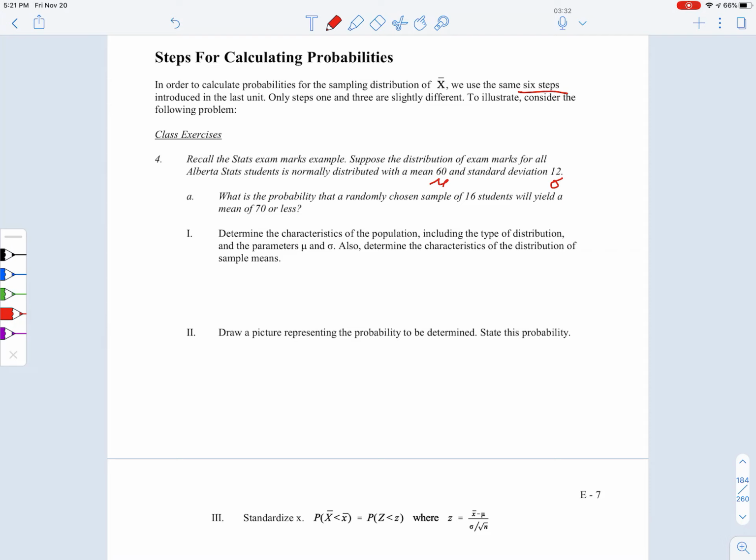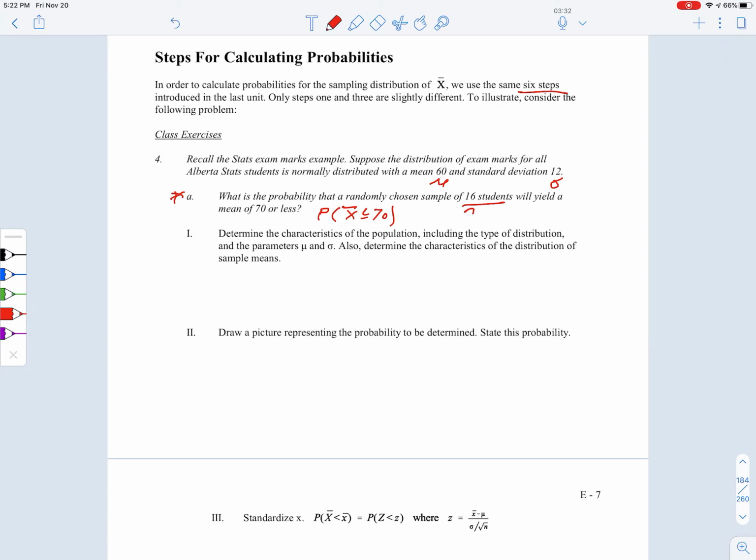So think of all stats students here. What is the probability that a randomly chosen sample of 16 students, so that's a little n of 16, will yield a mean of 70 or less? What's the probability of getting an X bar of 70 or less?